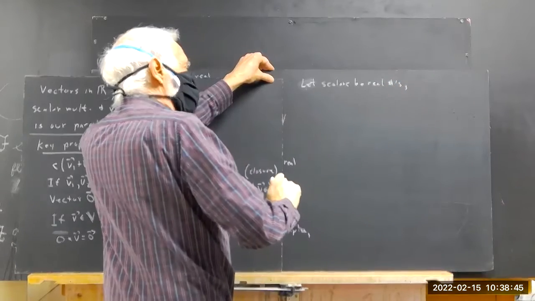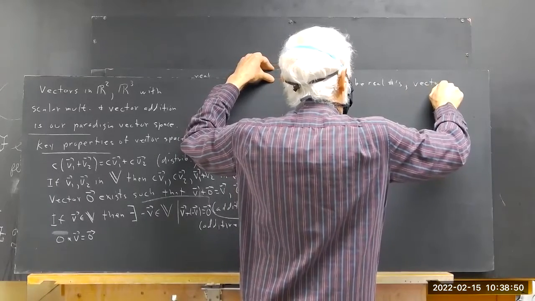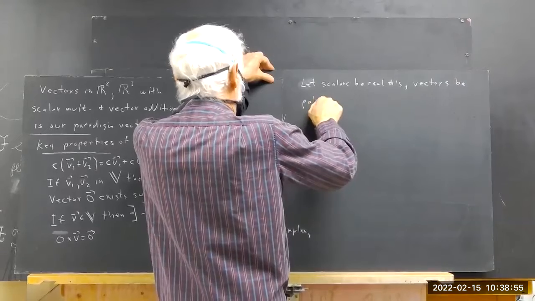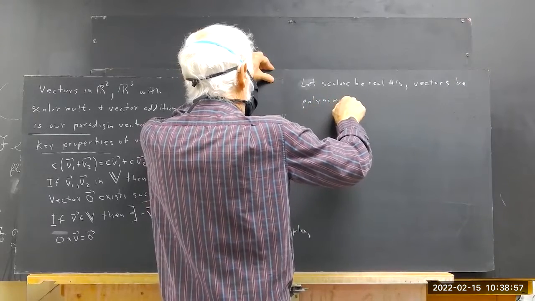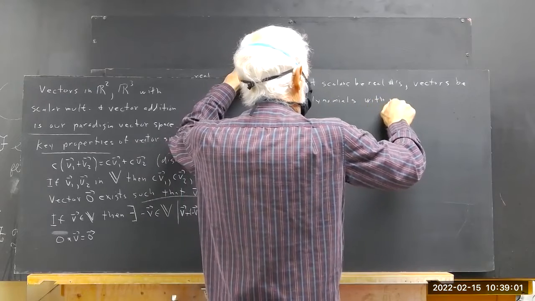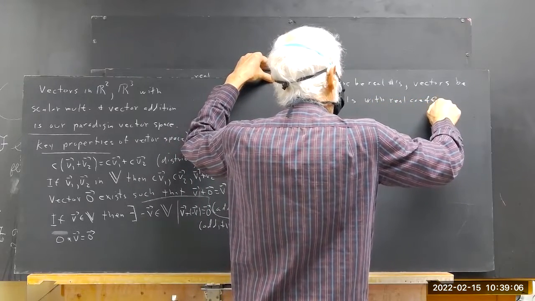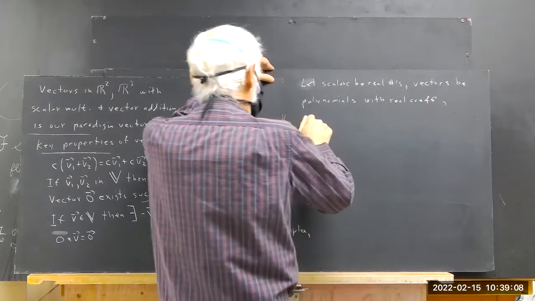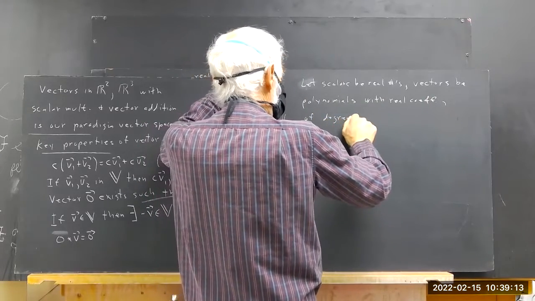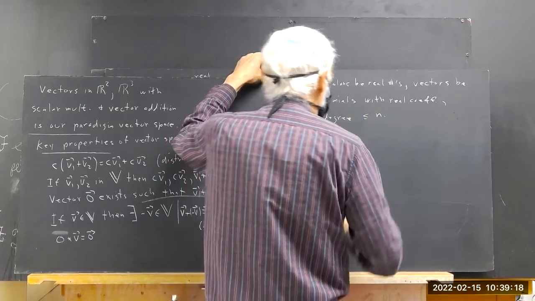Let the scalars be real numbers and the vectors be polynomials with real coefficients of degree less than or equal to n.